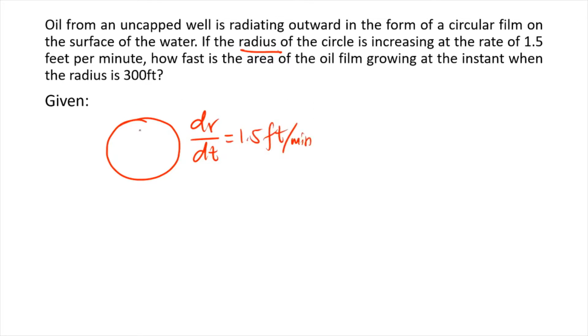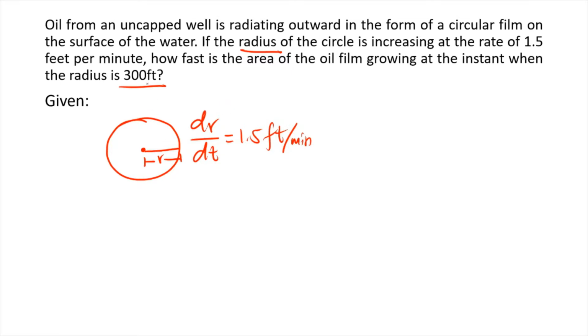So the radius is r. Notice that I did not immediately put 300 feet for the radius. Remember I mentioned earlier that for quantities that will change over time, we label them as variables. And according to the problem, the radius will increase over time.